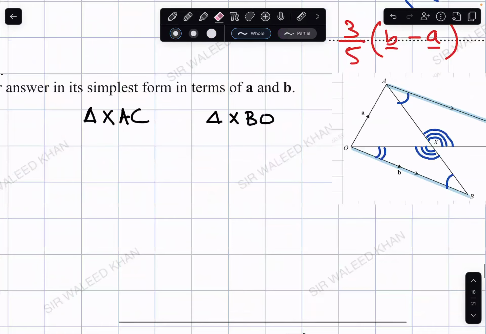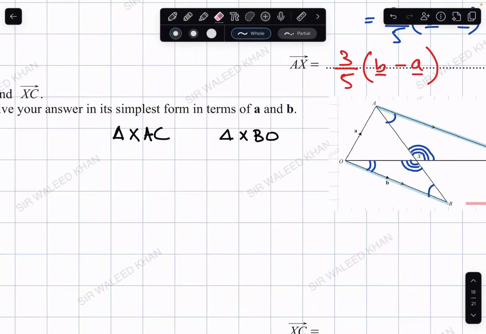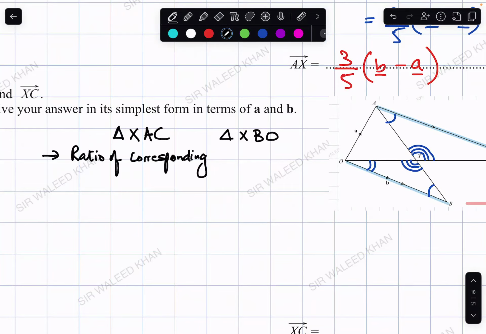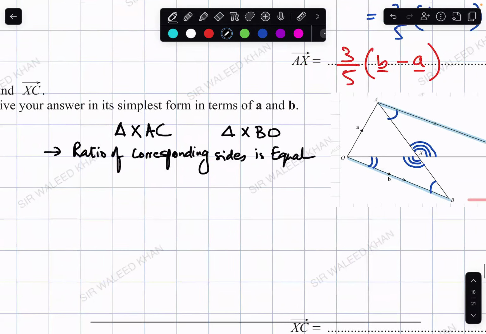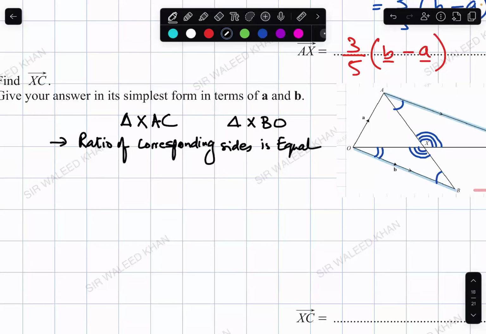Now, according to this, the ratio of corresponding sides will be equal. So if I group them just like that, XA, you can select the first two from the first triangle and the first two from the second triangle.